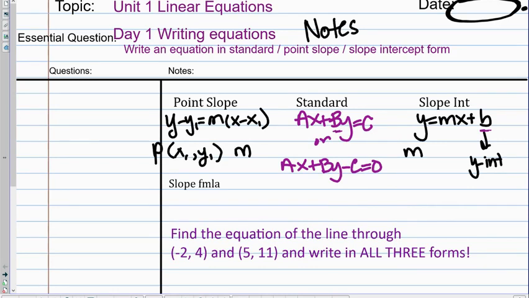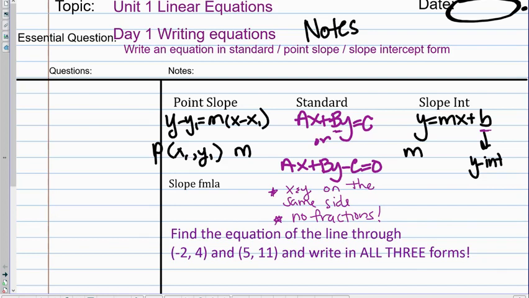When you are in standard form, standard form has x and y on the same side, and there are no fractions allowed in this one. Those are two really important things to remember about standard form. That's why some people will see it with the C and then equals 0. Either way, I don't have a preference, but just so you know about that.